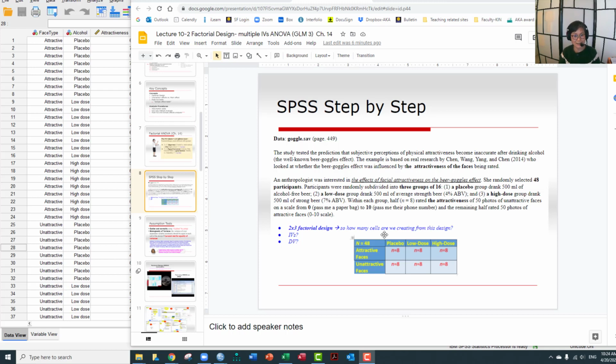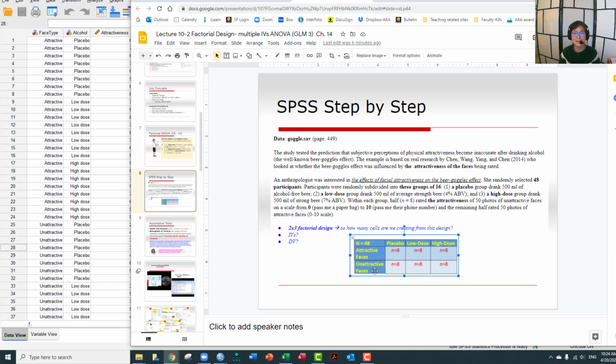So what they did, each drinking group is cross-sectional, not repeated: placebo, low dose, and high dose. After each group drank their fluid, they looked at 50 different attractive faces. Then they rated 0 to 10, 0 not attractive at all, 10 very attractive.